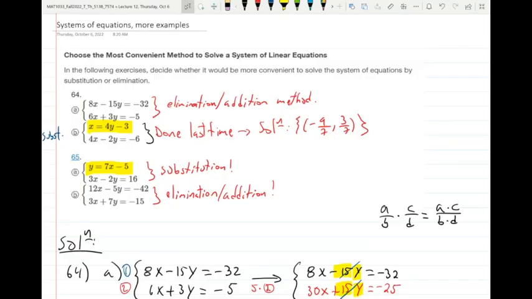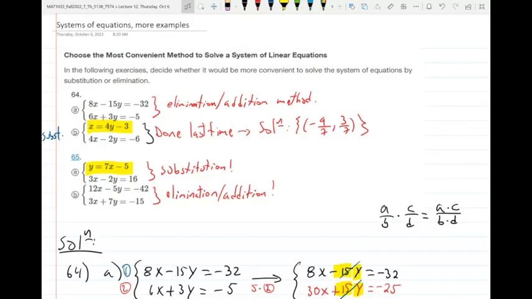Okay, so yes, but let me just tell you something. If this 7x was on the other side, which is not hard, you can just move it, then when you have a variable by itself, addition is also pretty easy, because when you have a 1 in there, you need to multiply that equation by the coefficient of the other variable to make it appear. That's pretty easy to use addition.